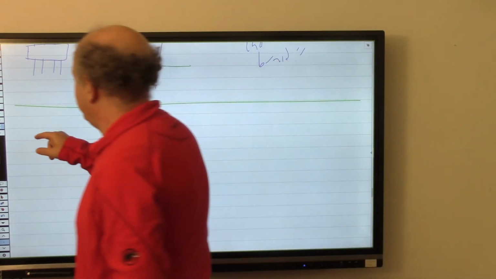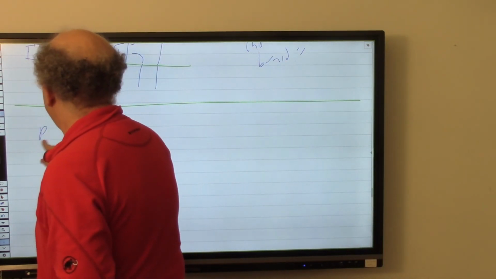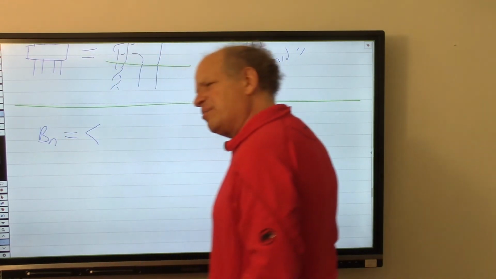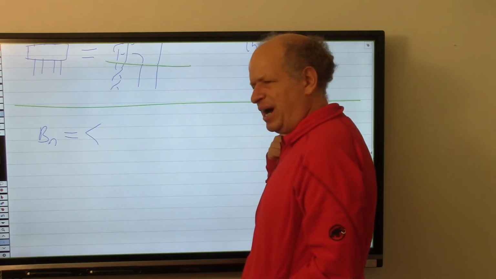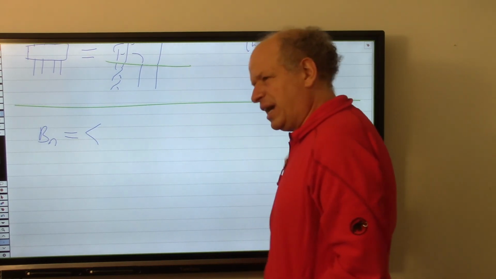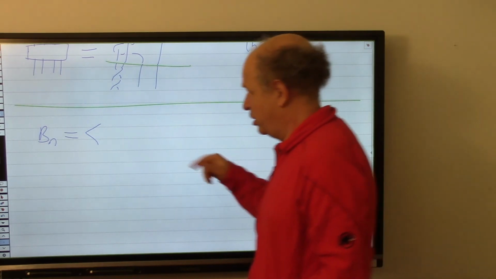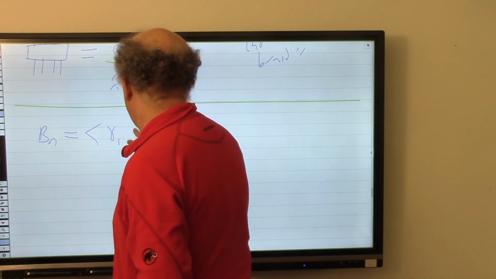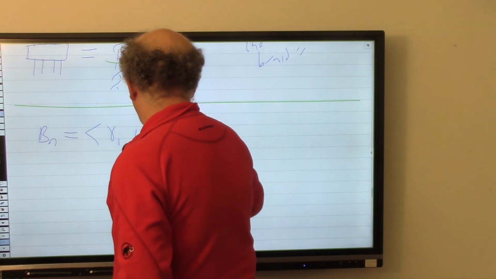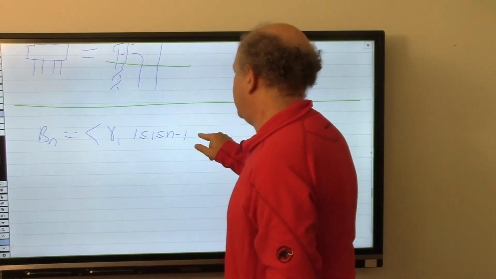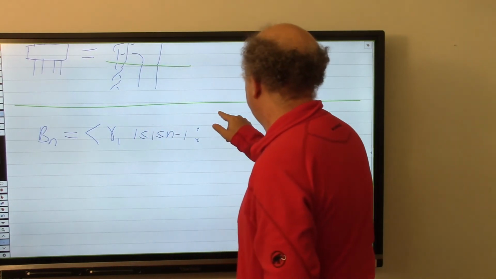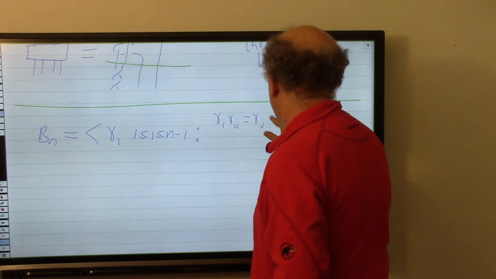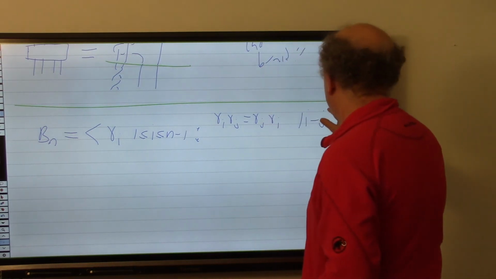Maybe let me remind you first that we have a presentation for Bn. Last time I called the generators sigma I, but today I want to reserve sigma I for something else. So I'll call the generators gamma I, where I goes from 1 to n minus 1, modulo relations. The relations were gamma I gamma j is gamma j gamma I, if |I minus j| is greater than 1.